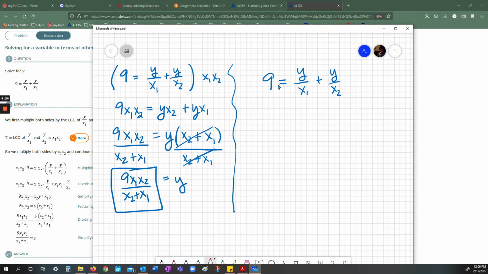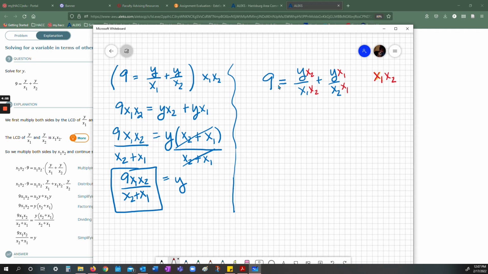If I want each of these two fractions to be over that common denominator, I would multiply by x sub 2 to get the x1, x2, but then I have to balance that and also multiply in the numerator. So for the y over x sub 2, I would need an x sub 1.